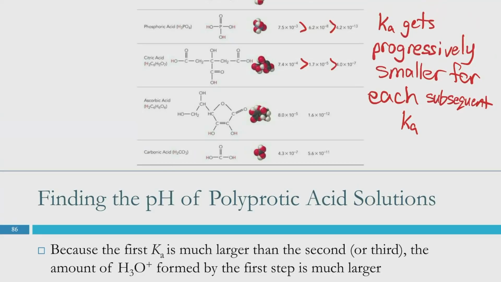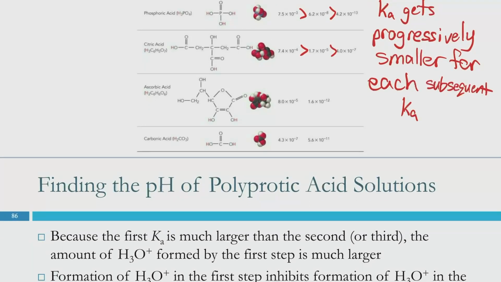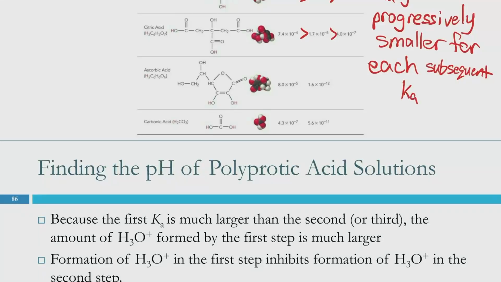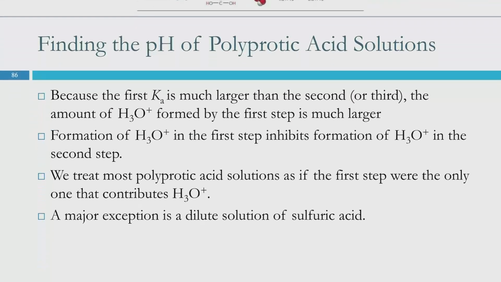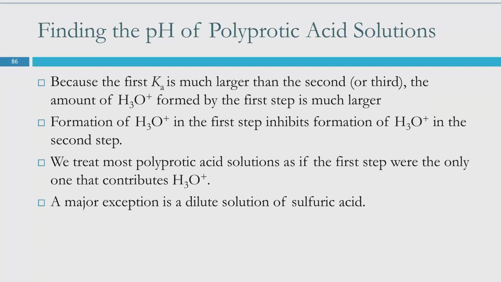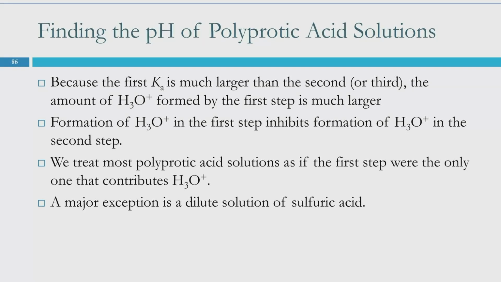We can also find pH values for polyprotic acid solutions. It's similar to our mixture of acids, but it's a little simpler because we know that we've got 2 or 3 H pluses that are going to be produced. But since they're being produced sequentially, we don't have to choose between which of our acids is stronger and which is going to make the bigger contribution.